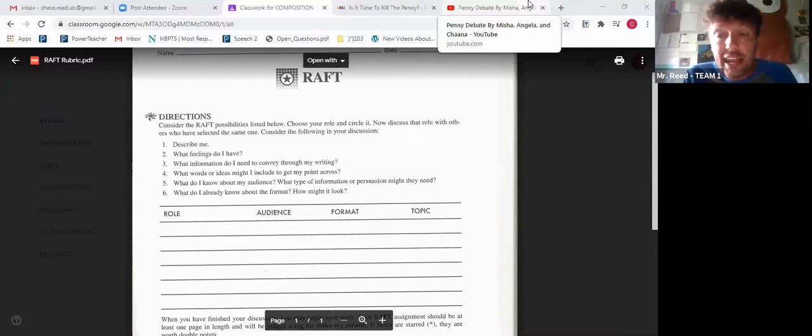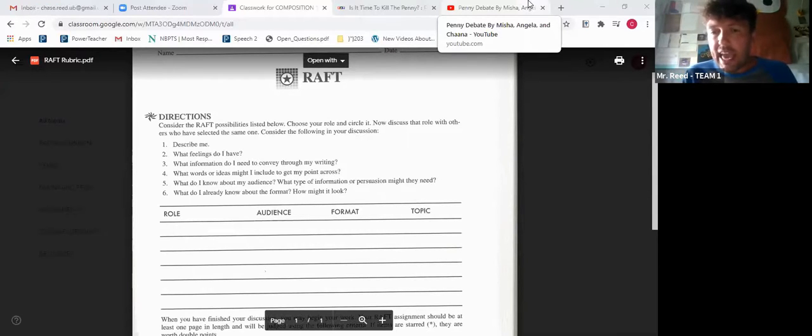The second format that you could choose would be a letter, which you already have experience with. And this letter would be addressed to Congress. So the editorial is a newspaper column that's addressed to the writer of that particular article that you just read. But if you choose to do a letter, then you're going to address that to like our legislators, people in Congress.